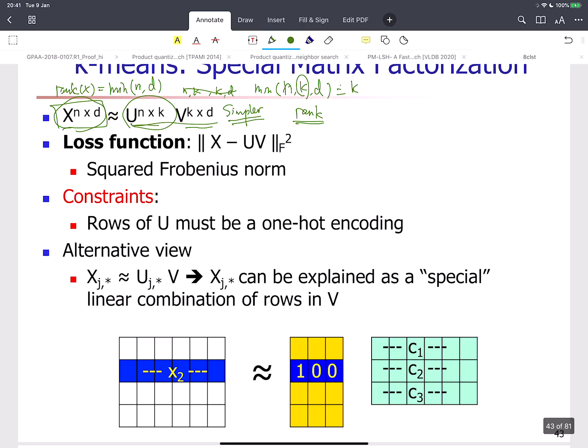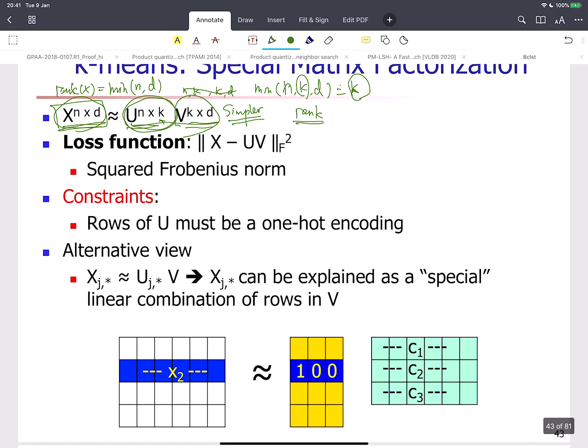Again, this is with all the assumptions, but the whole idea is that if k is a small number, the matrix U, n times k, is not going to have a very large rank, which means not many independent pieces of information, and the same with V. But their multiplication can give you a very complex matrix, which appears to have lots of information, right?